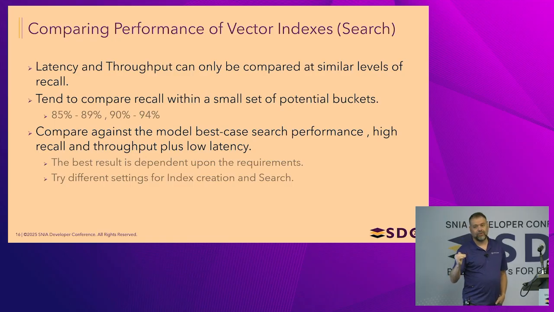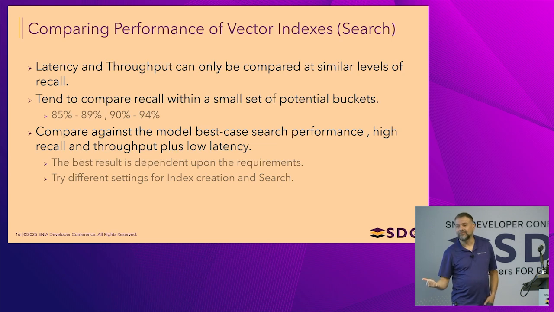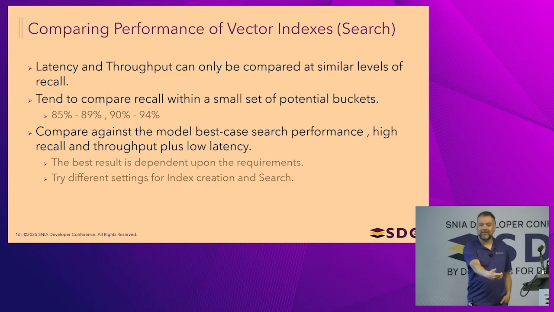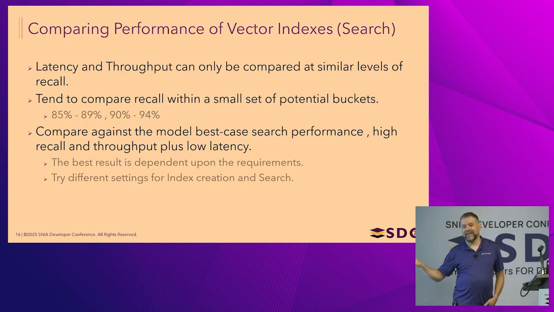If you compare a 50% recall rate to an 85% recall rate, you're going to have really high queries per second on the lower recall, because you don't care much about the quality of the answer, but how fast you want the answers to be. So the lower the recall, the better the numbers, but the quality of the answer is going to suffer. Again, that comes with your trade-offs.